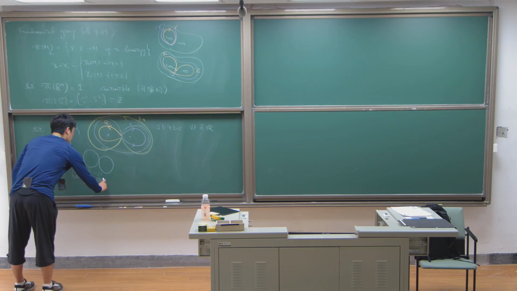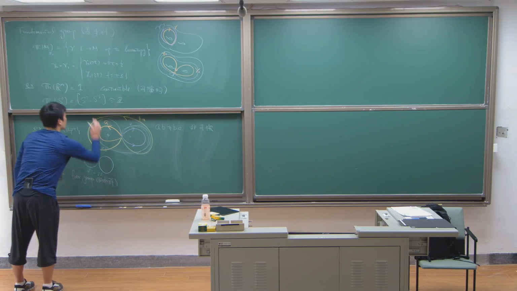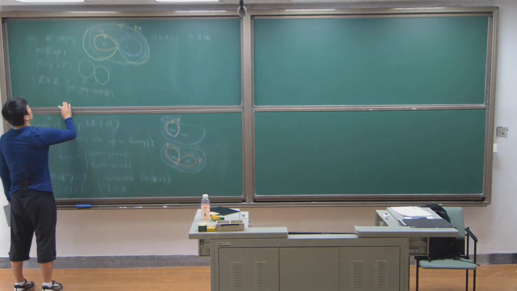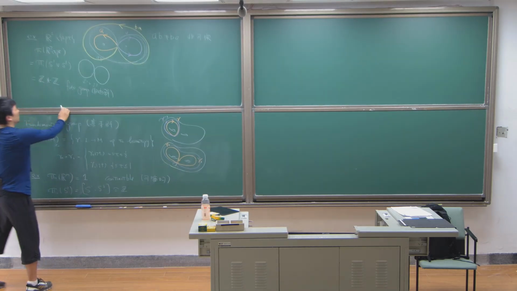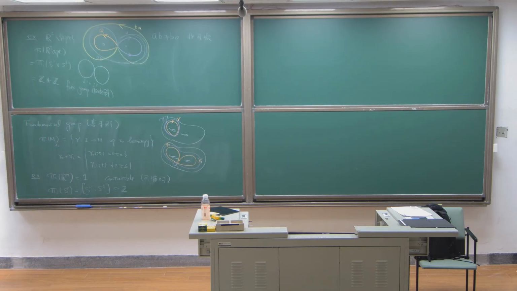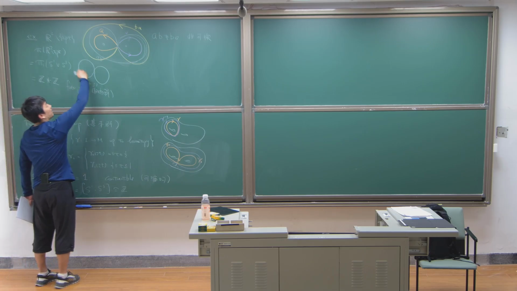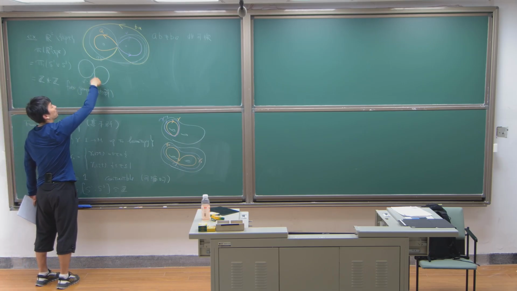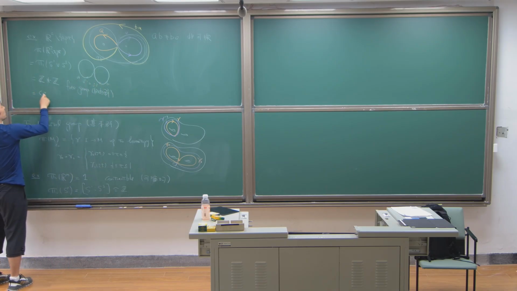自由群。So free group means that one element is A and the other element B, and this is generated by A and B, and that's it, no relation.